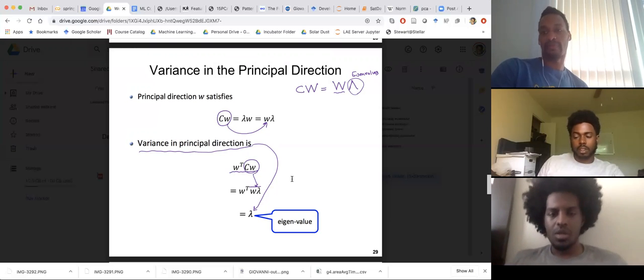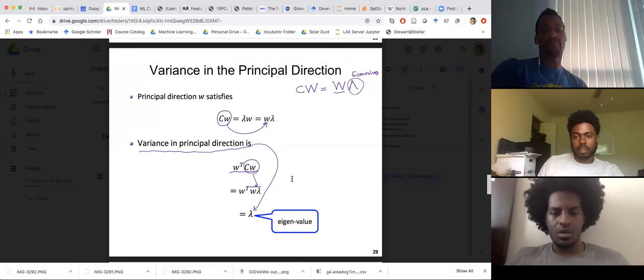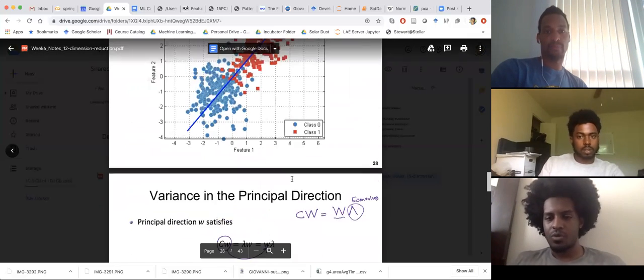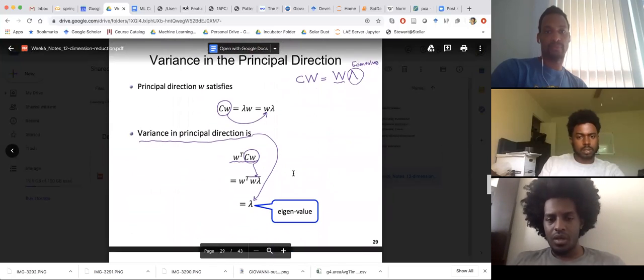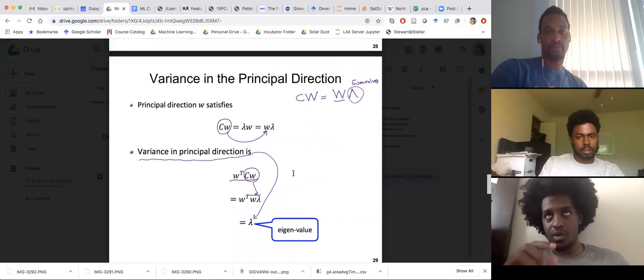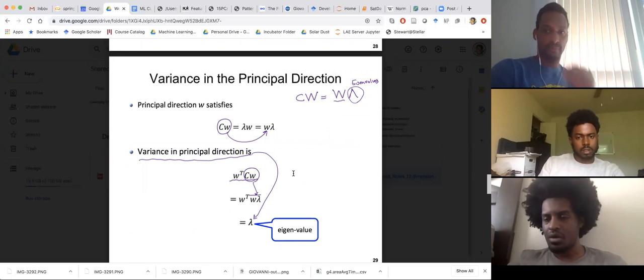Did you see how, if you wanted to find a scalar for the maximization problem at the top, we're just plugging in lambda W for CW, taking constraints that we already know, and it eventually boils down to the max of our original objective function being this lambda.